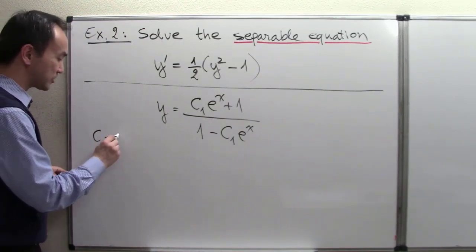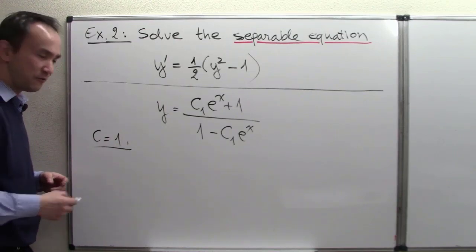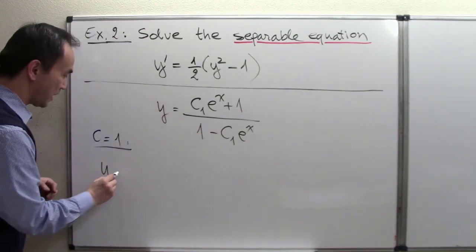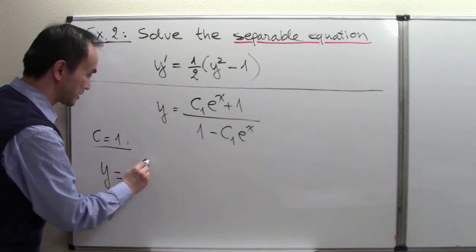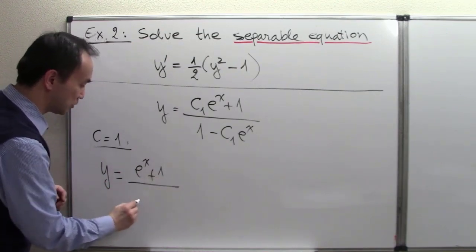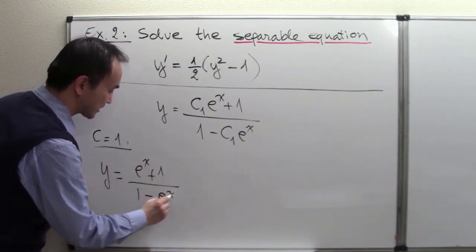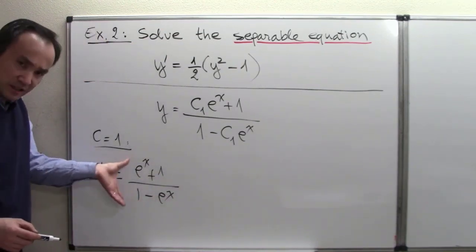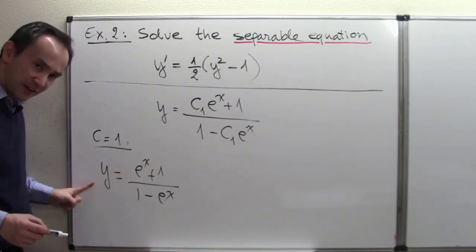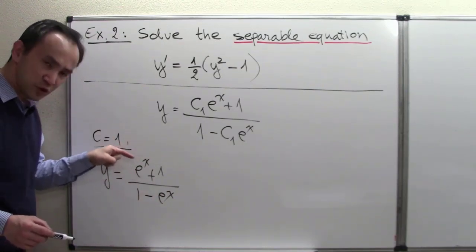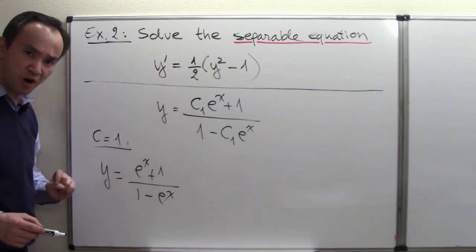So for example, when c1 equals a positive 1, our function becomes y equals e to the x plus 1 over 1 minus e to the x, and this specific solution will satisfy the equation.